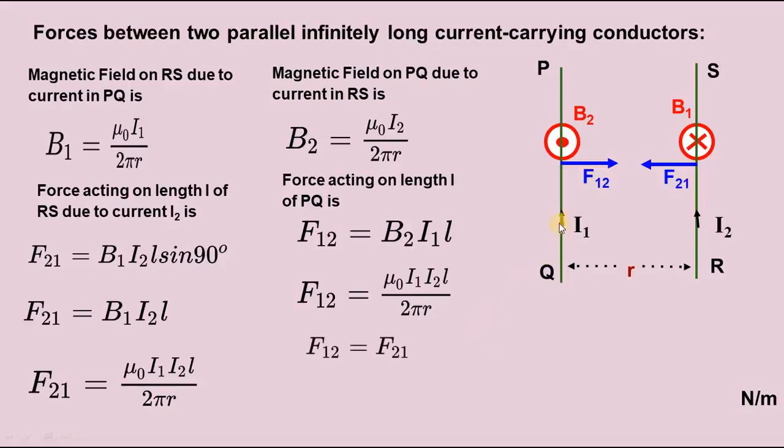The direction of F12 is given by Fleming's left-hand rule and it is horizontally towards the right, as shown in this figure.